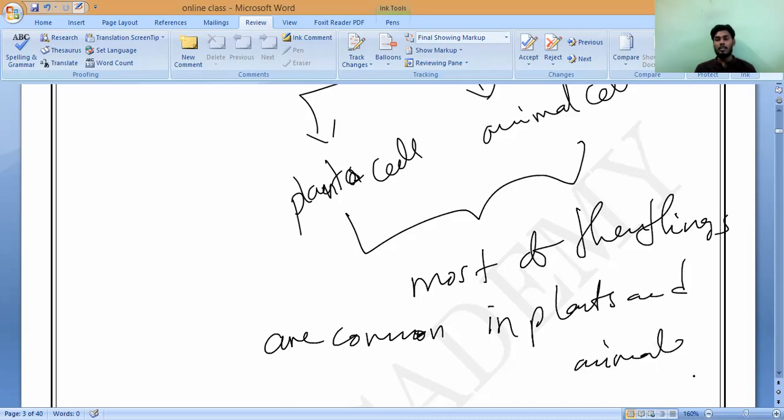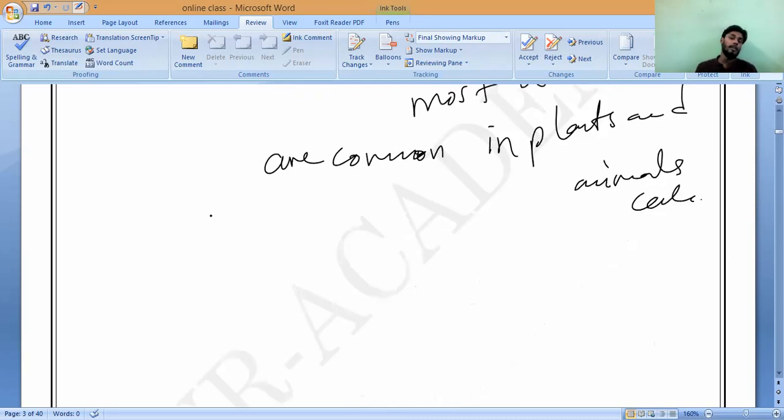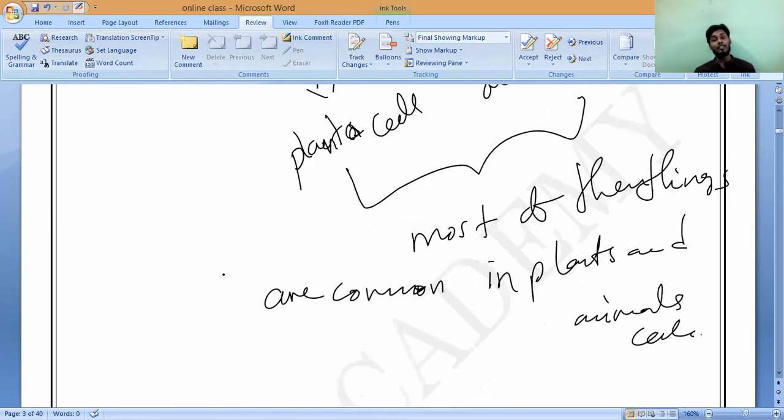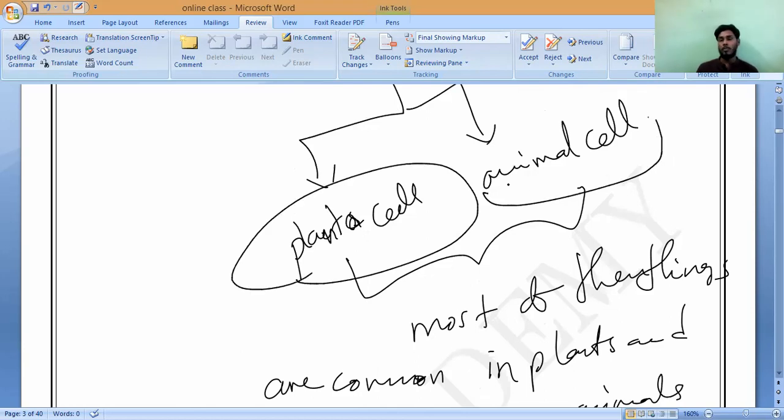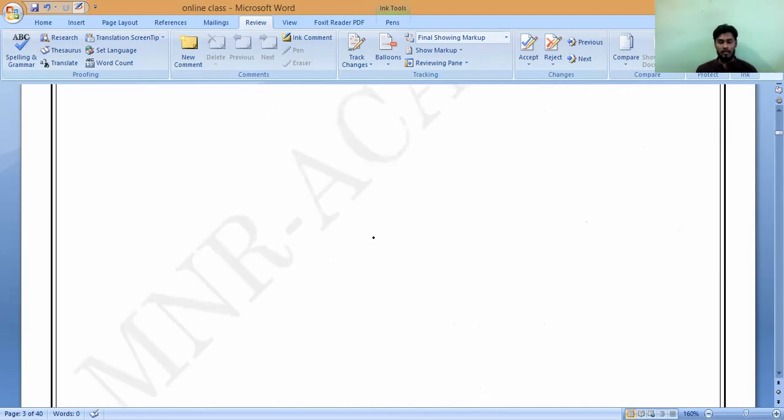But few things which are present in plant cells are not present in animal cells. So a few extra parts are present only in plant cells. What are those things and why are they not present in animal cells? That is all we will study in the coming classes. Do you all understand?